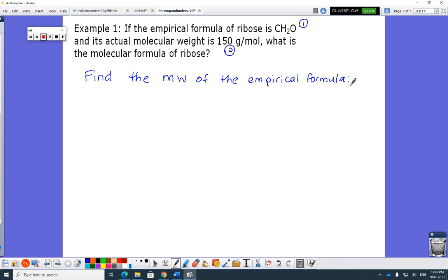Like I said in the first lesson, you're going to do this molecular weight, molar mass calculation so many times, so you decide for yourself how much work you need to show, okay?